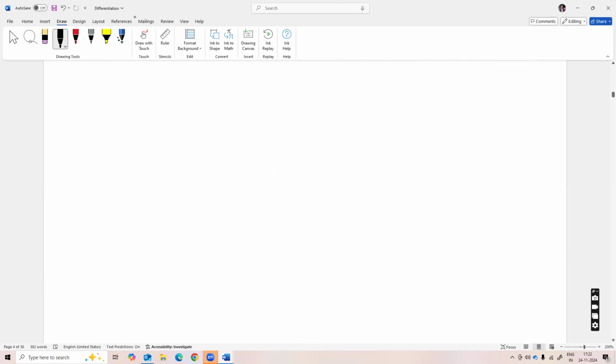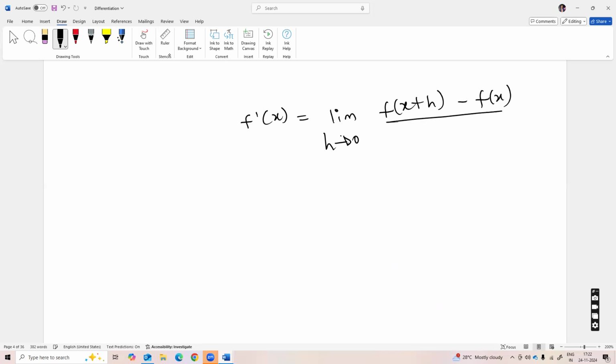So the definition of the derivative of f of x, f dash of x, is the limit h tending to 0 of f of x plus h minus f of x upon h.